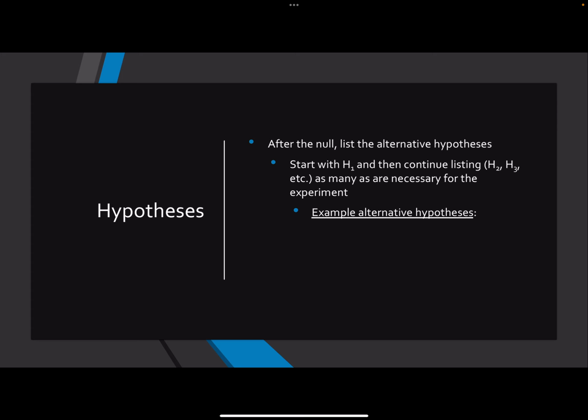After the null hypothesis, you want to know the alternative hypothesis, and you will be meant to create one. Start with H1 and then continue. Depending on how many null or alternative hypotheses you want to have, you end up adding more: H2, H3, all the way up to as many as you need for the experiment. An example will be: more light will allow the plant to have greater growth.